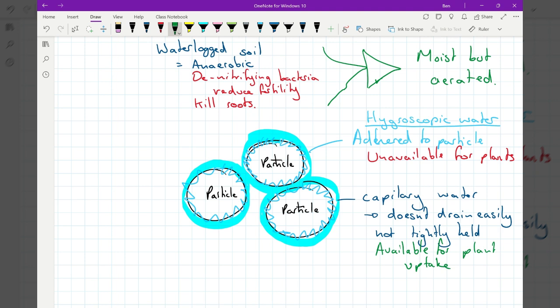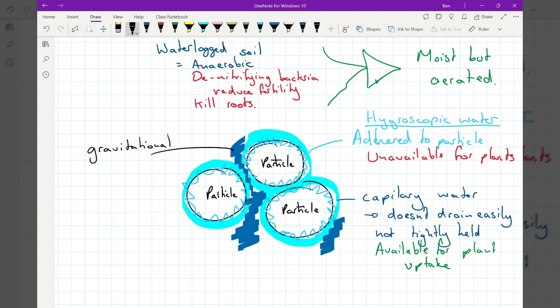And then the last one is gravitational water. Gravitational water is easily drained, so it can be lost easily, but it's also available for plant uptake.